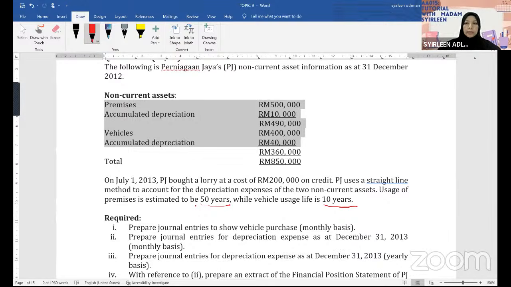Kita boleh tengok kita punya catatan untuk non-current asset. Okay, so as you can see here sebenarnya, alright, you akan tengok apa saja yang berlaku pada tahun semasa untuk kita catat, okay, alright.